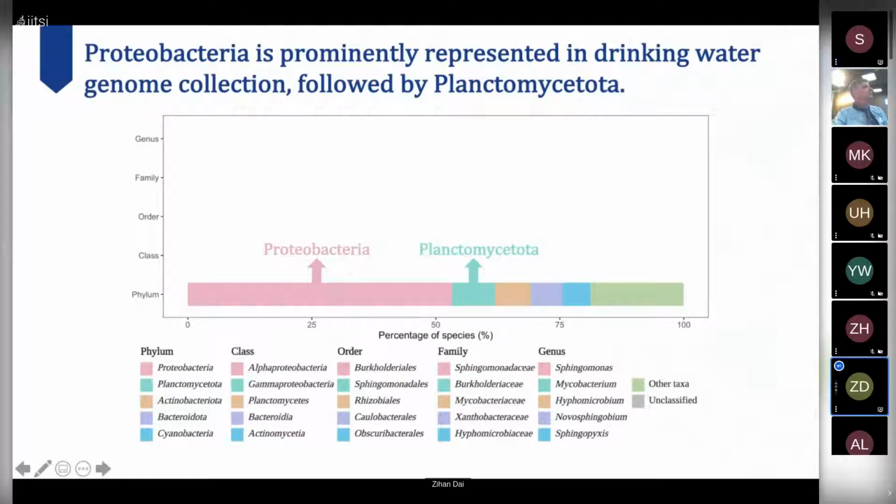This plot here shows the percentage of bacterial species clusters at the phylum level. So here we can see Proteobacteria is dominant in the drinking water genome collection, which is consistent with previous research results in the field of drinking water microbiome. And it is followed by Planctomycetota.